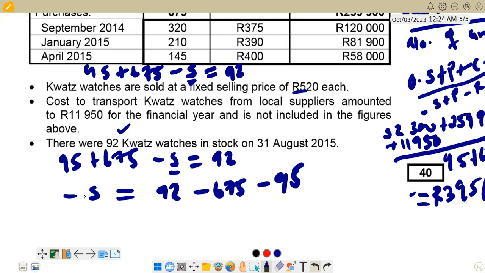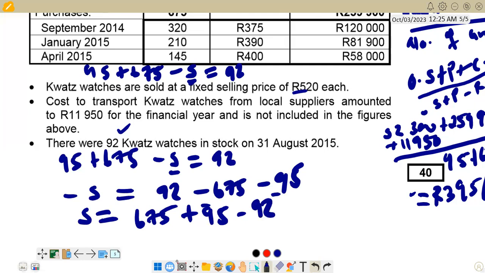So we remove this negative by dividing throughout by negative, then S becomes positive, and these two figures, negative 675 and negative 95, will become positive. So it becomes 675 plus 95 minus 92.